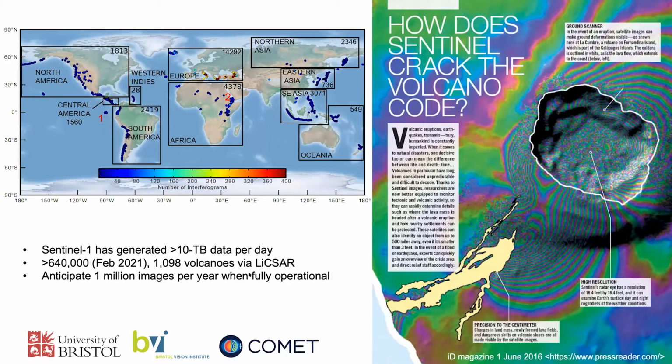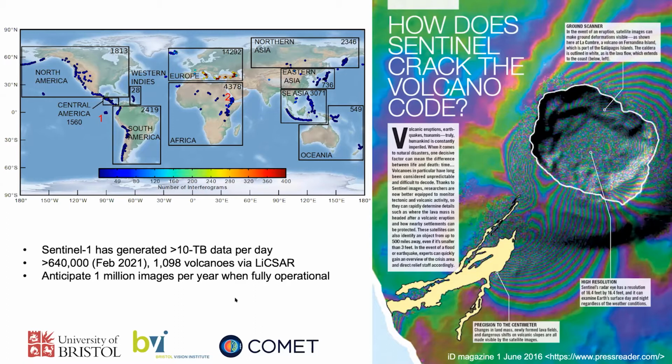And right now, we have more than 640 interferograms to process. The good thing is that we can operate automatically and monitor for a long time. However, it clearly cannot be processed manually. That's why we try to build an automatic system in order to monitor all this data.